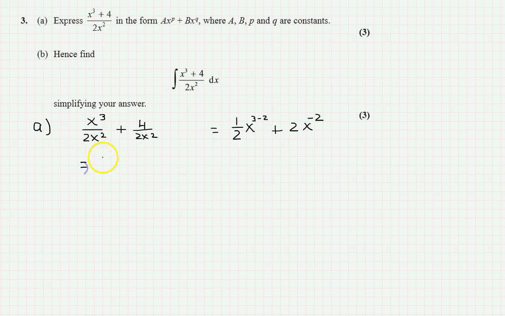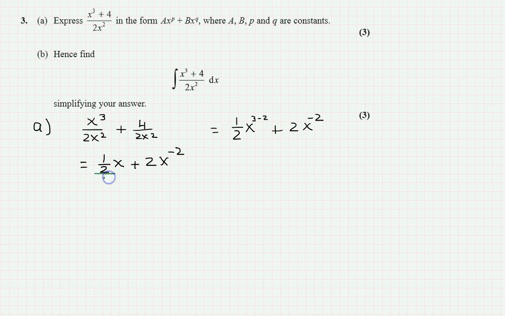So this is half x minus 2... x to the power plus 2, not minus, plus 2 x to the power minus 2.